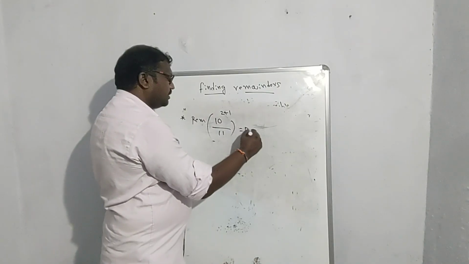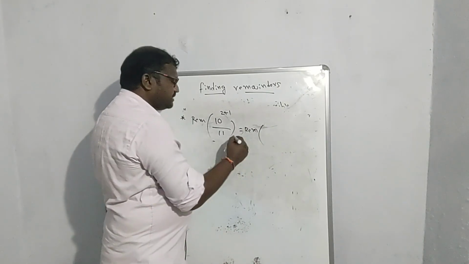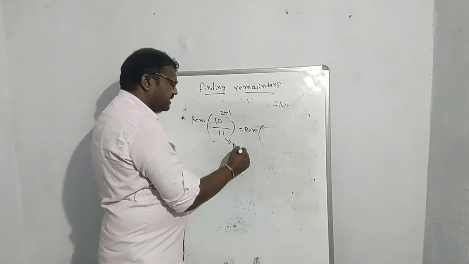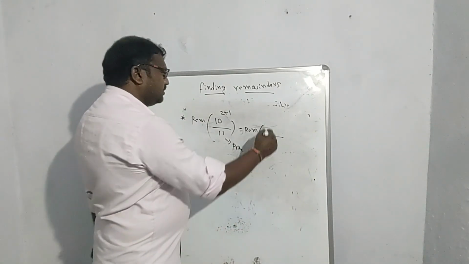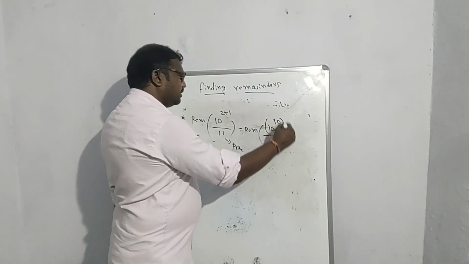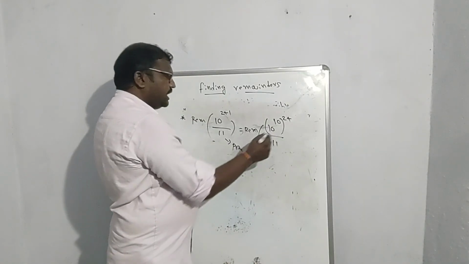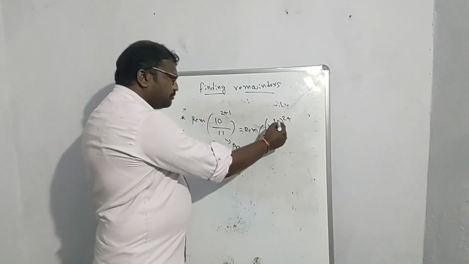According to Fermat's theorem, a power p minus 1 by p, and 11 is a prime number, so I have to convert it to Fermat's theorem. 10 power 10 into 24, plus 10 power 1. Here a is 10 and p is the prime number 11, and the power should be p minus 1.